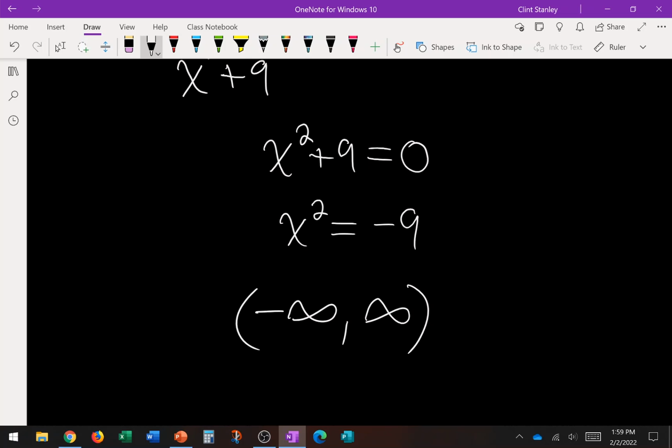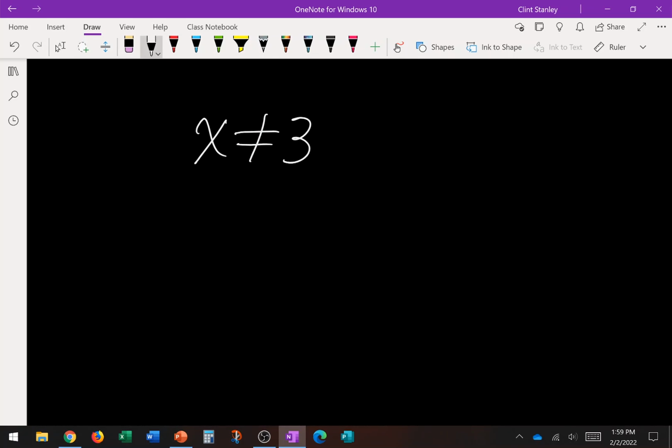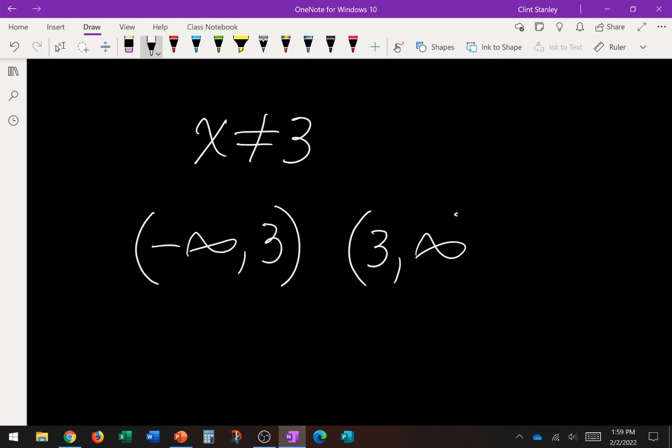Yeah, go ahead. Yeah, so if we had some value we needed to leave out, like if we figured out that x can't be 3, then the way we would write our domain in interval notation is negative infinity to 3 with a parenthesis because we're leaving 3 out, and then we would pick back up right after 3 and go to infinity, and then we'd have to put the two pieces together with the union.